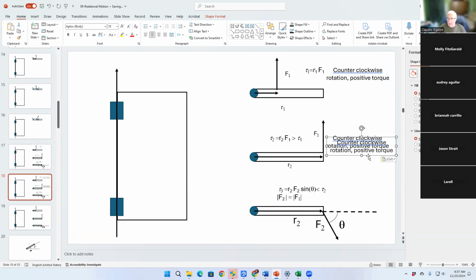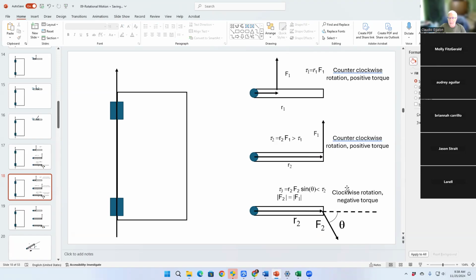And here, clockwise rotation. Negative torque. Let's get this thing here centralized so it looks nicer. Those are the things you have to know.